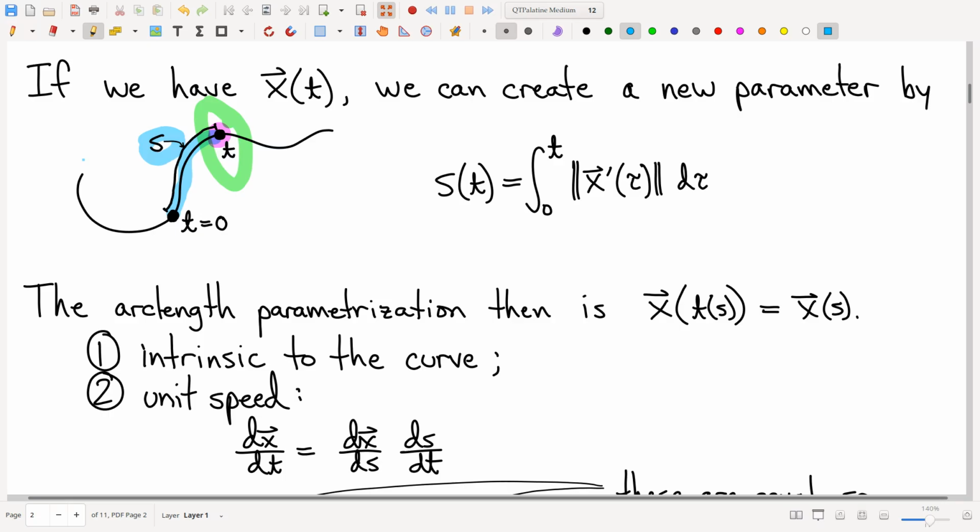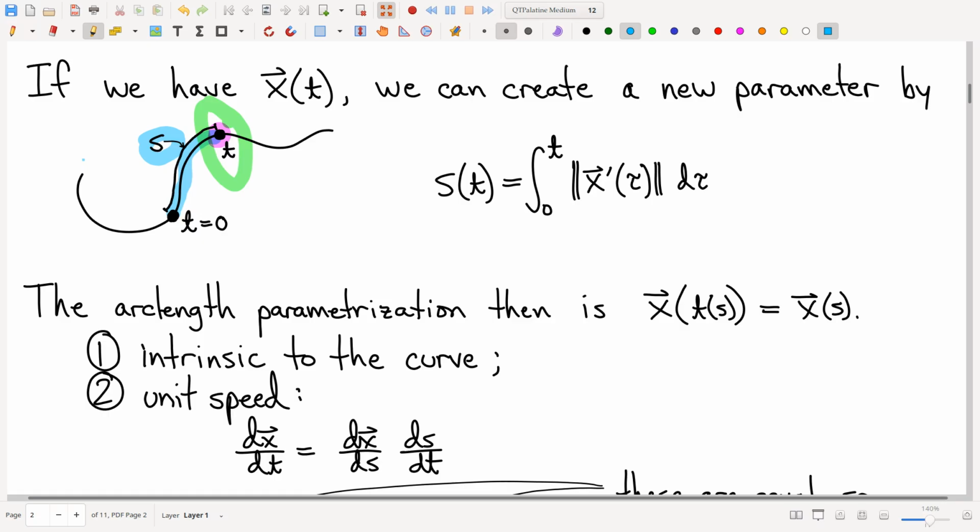So let me give you a couple of hopefully relatable examples. If you're driving along a road, you are kind of parameterizing that road. And you're tracing out the road as you drive along the road. So you could keep track of your position as you take your road trip, and you could write down where you are, longitude and latitude, where you are on the map every moment in time.